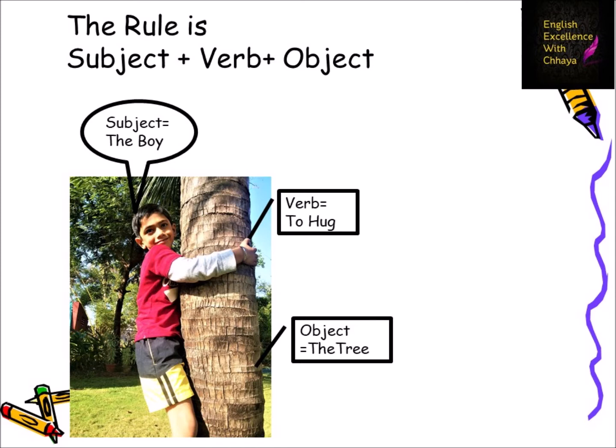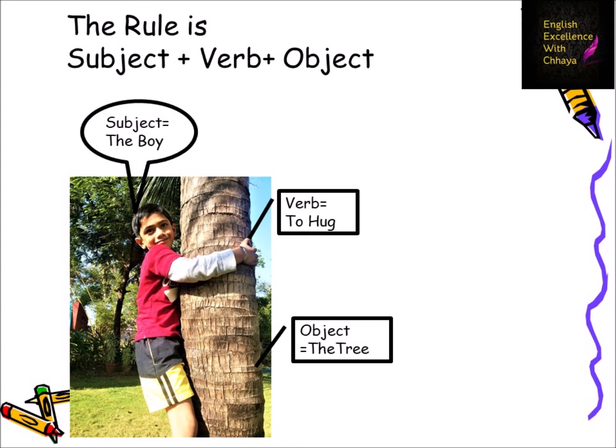Here, the subject is the person who is doing the action or the topic of discussion. As can be seen in the image, since the boy is doing the action of hugging the tree, the boy is the subject. The action, which is the verb, is to hug. And finally, the object is the tree.